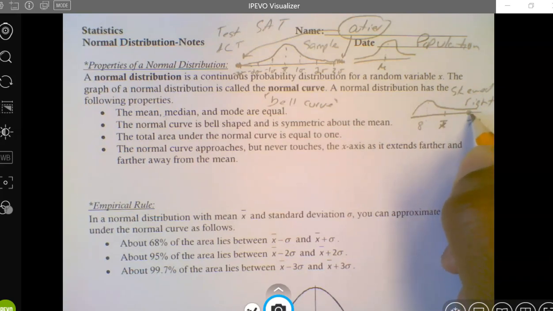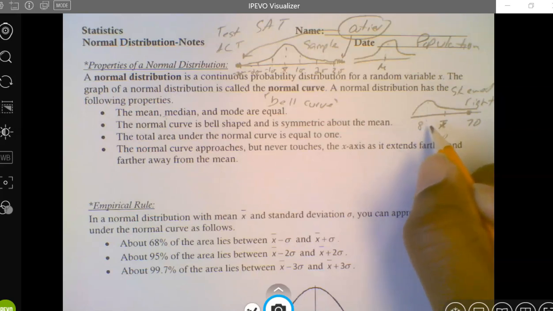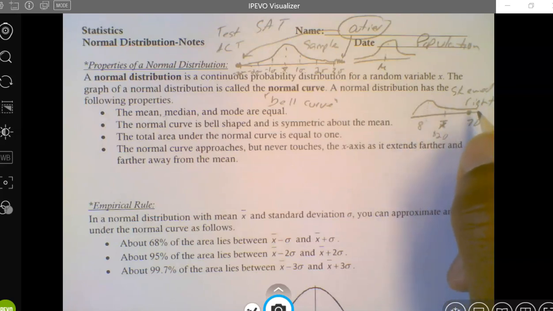Because of those few players, LeBron James, Steph Curry, and so forth, with huge salaries, it shifts the mean, and the data may say the mean is $20 million a year. But truth be told, the mode is somewhere near 8, so most people make somewhere near $8 million a year. Because we have some values skewing our data, our curve looks skewed. So we say this is skewed right, as in the values on the right are skewing our data.